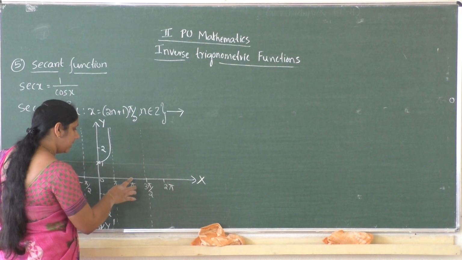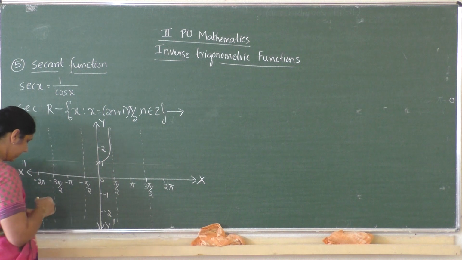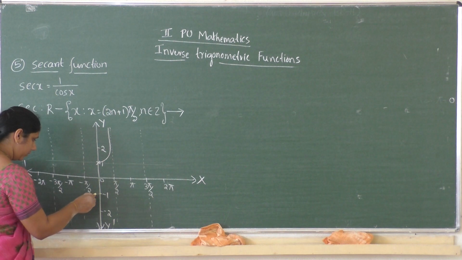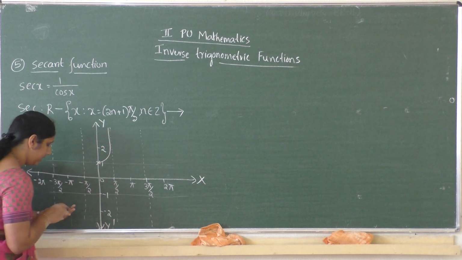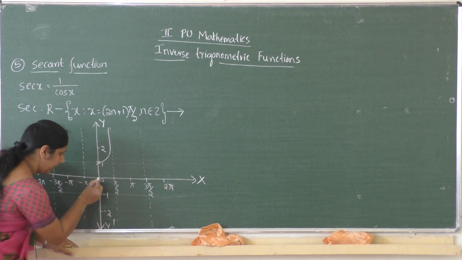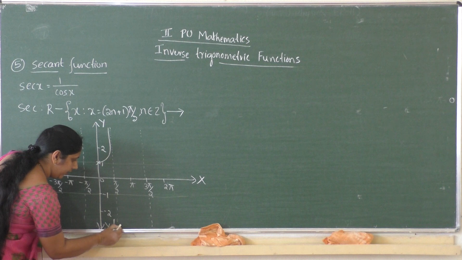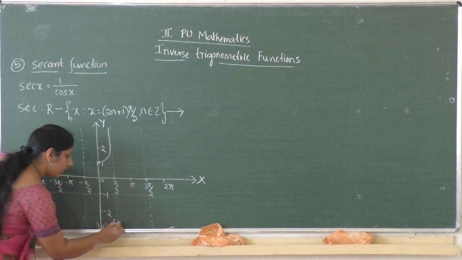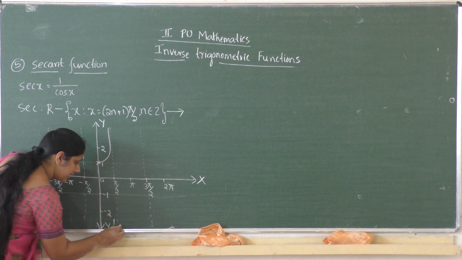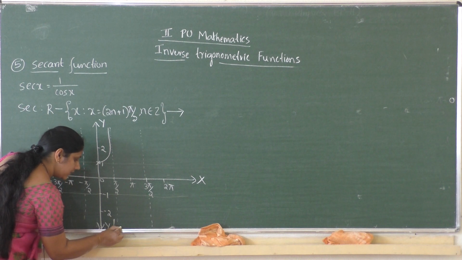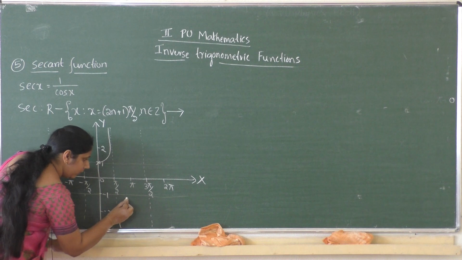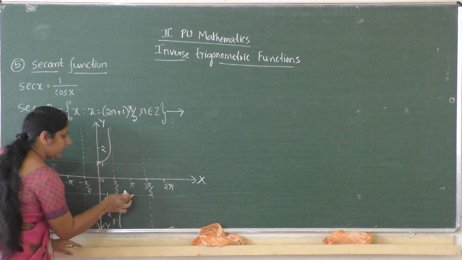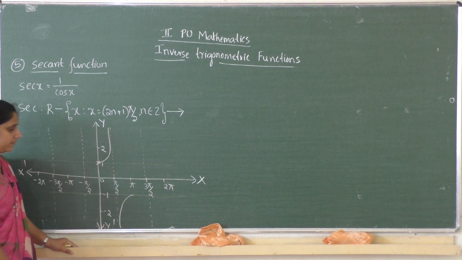And what is the value of sec pi? It is minus 1. So again I will draw one more line here, that is minus 1. See, now look at the graph: at pi by 2 infinity, but since it is in the second quadrant negative, so graph gradually increases from minus infinity. At the value of pi, the value will be minus 1.